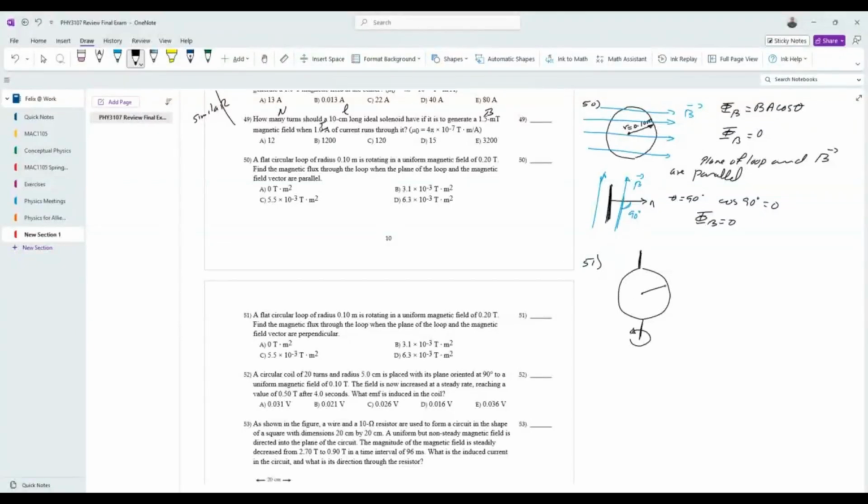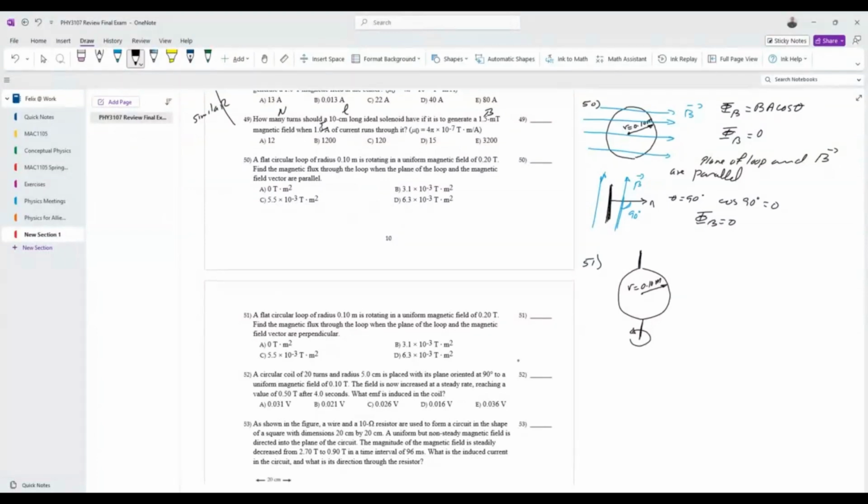So you have the same radius of 0.10 meters, and then there is the same magnetic field of 0.20 Tesla. But this is now rotating. Find the magnetic flux through the loop when the plane of the loop and the magnetic field vector are perpendicular.